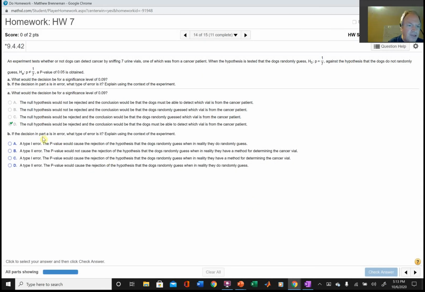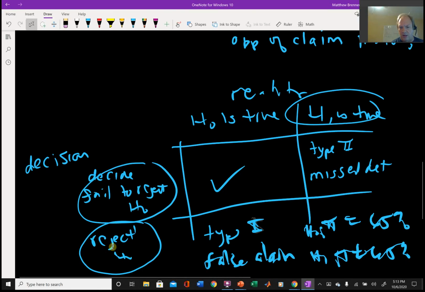So if the decision in part A is an error, so in other words, we reject the null hypothesis, but we shouldn't have, what is that? Well, let's go back and look at our table. So we rejected the null hypothesis, but we shouldn't have. That's a type 1 error.